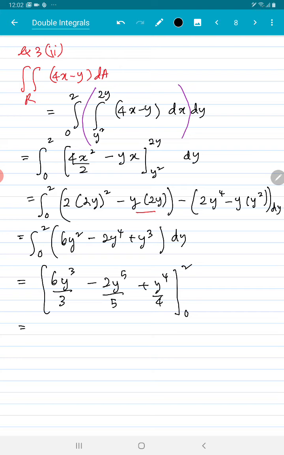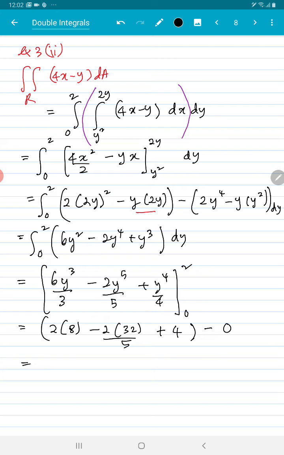So 6 over 3 is 2, times y cubed. 2 cubed, that would be 8. And here we have 2 to the power 5 is 32 over 5, and here we have minus 2 to the power 4 is 16, plus 16 over 4 is 4, and then the lower limit, which is 0 minus 0 minus 0.